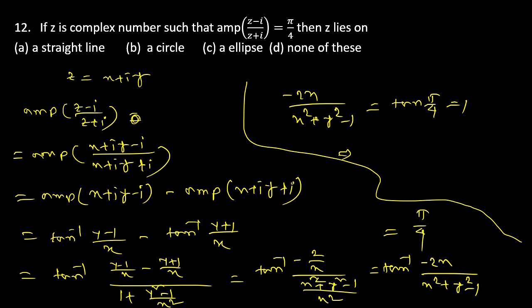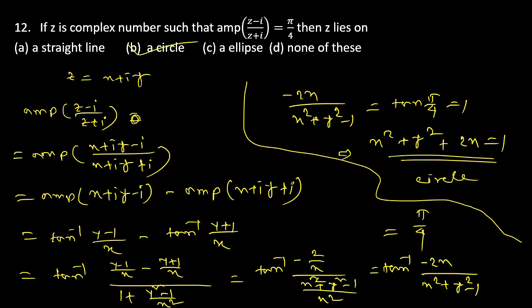So the equation will be x square plus y square plus 2x equal to 1. So this is a circle. So option B will be correct. Next problem.